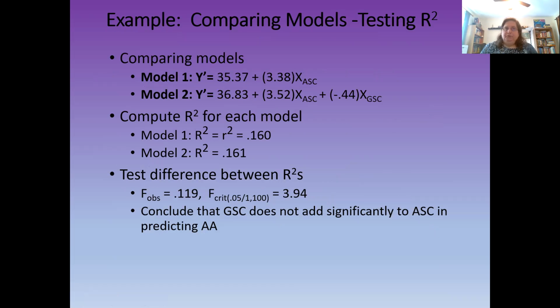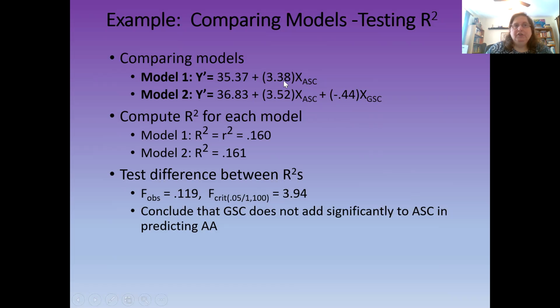Now, do we need both of those in the model? Do we need both ASC and GSC? Let's look. Model 1, here's the intercept, plus 3.38 x ASC. Or if we include GSC as well, it's 36.83 plus 3.52 plus a negative 0.44 x GSC.